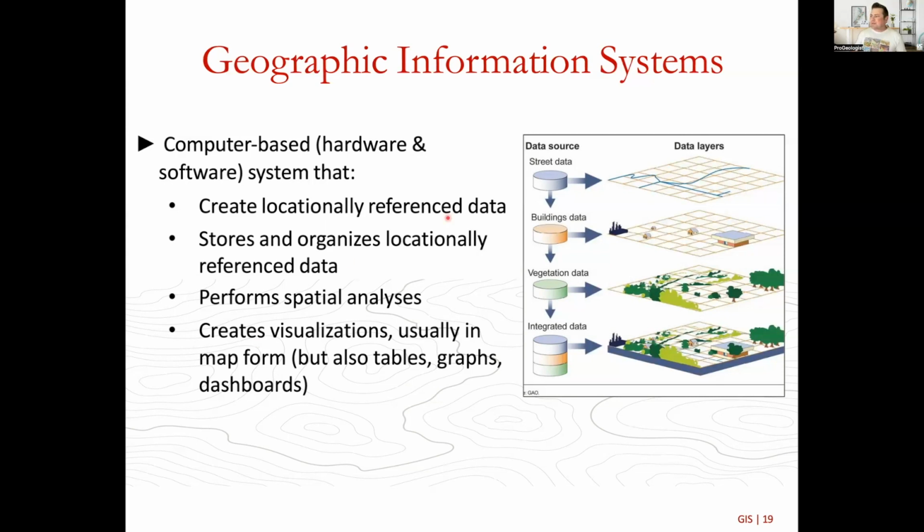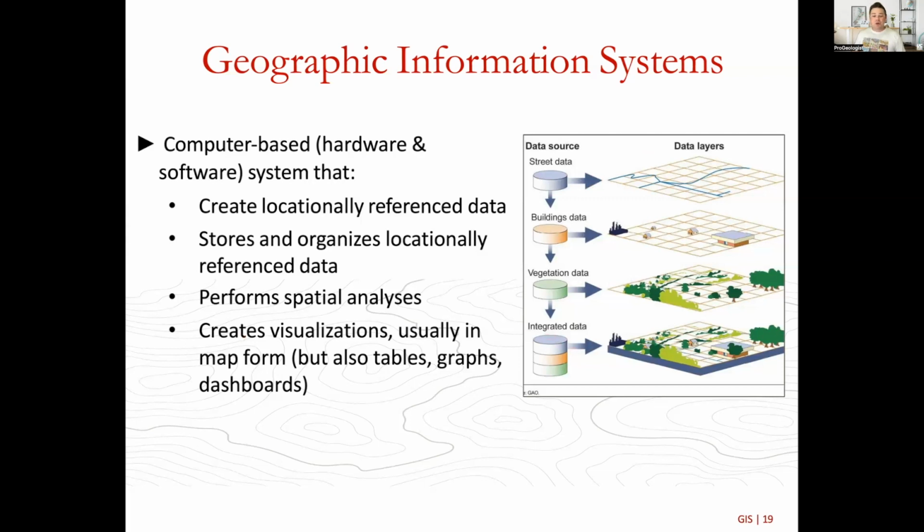So when we look at this image here on the right, we begin to realize that we can take layers, much like we talked about in the last episode, and we can see that we have street data, and we can combine that with building data, combine that with things like tree coverage or vegetation data, and before you know it, you have an integrated system, there's that key word there, that helps us define geographic information systems, or GIS.